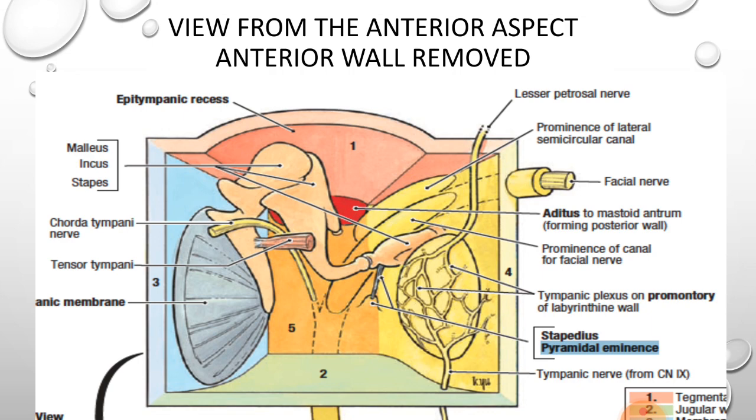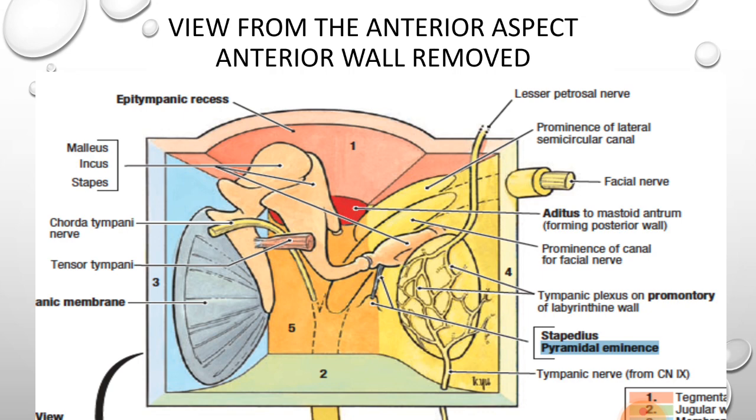This is another view. In the last slide we had a look at the tympanic cavity from the lateral aspect. Let's suppose that we're standing in place of the tympanic membrane and having a look at the tympanic cavity. So in front of our face is the medial wall of the tympanic cavity.